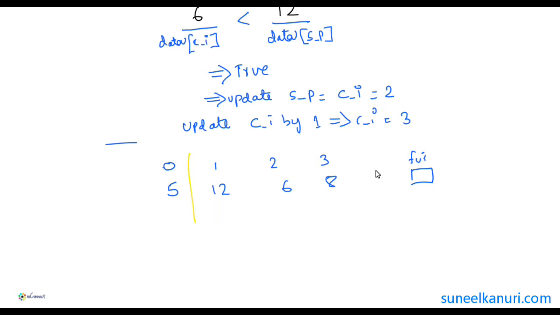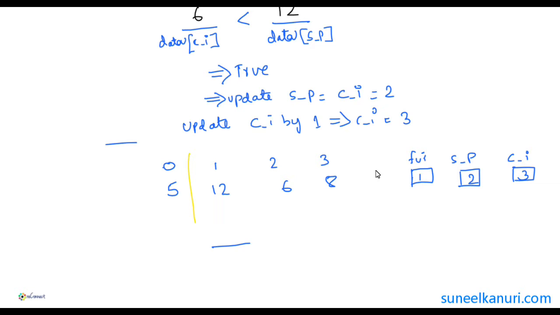FUI is going to be 1, and S_P is going to be 2, and our C_I, which is what we're going to compare against, the index of the position which we're going to compare our smallest element against, is 3.